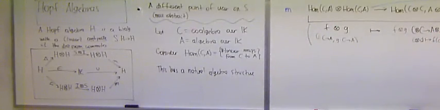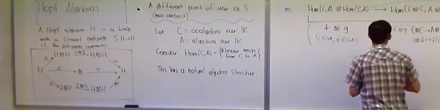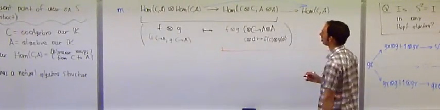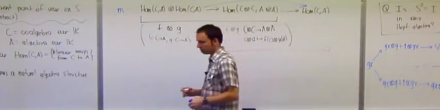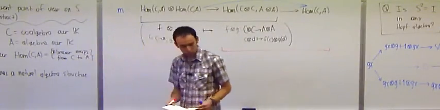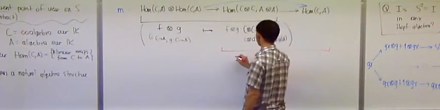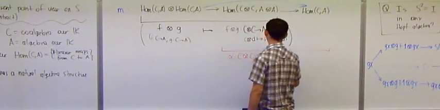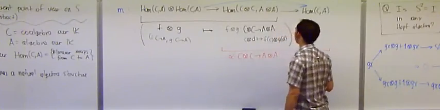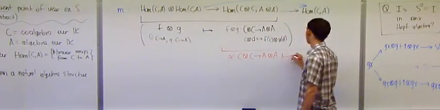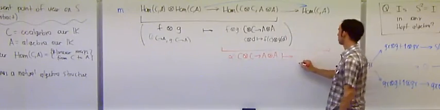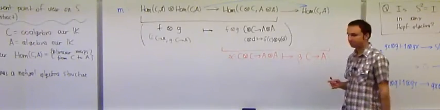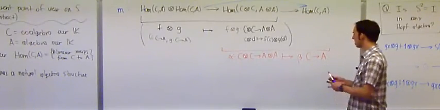Now let's do the second map, which goes from here to here. Given a map alpha from C tensor C to A tensor A, I map it to something from C to A. What's the natural thing to do here?